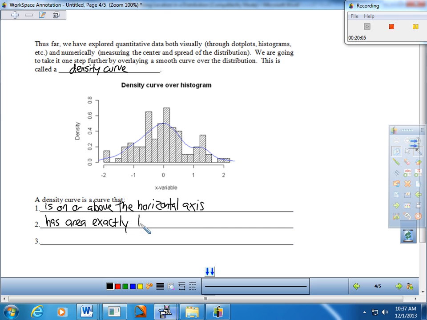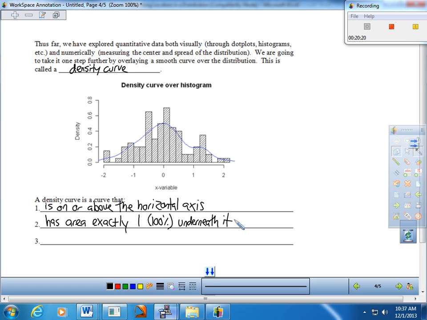So the area under every density curve is exactly 1, in order to represent 100% underneath it. So the 1 represents essentially the 100%, the entire proportion underneath it. Okay, good? And we'll get into that in just a little more detail.